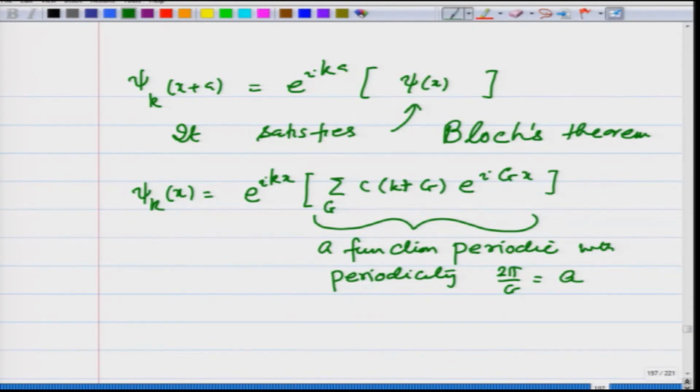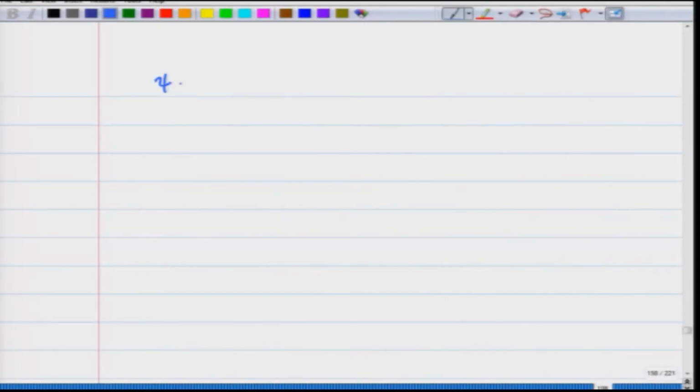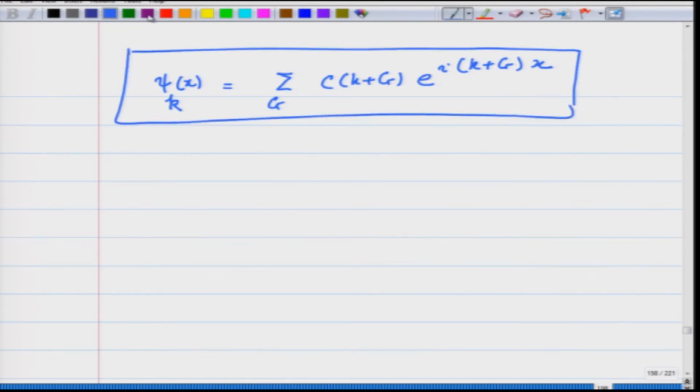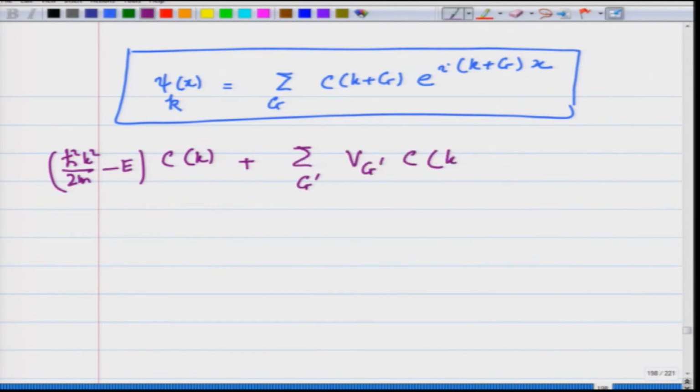So, what we have found is that when I turn this periodic potential on, the wave function can be labeled by a k, equals summation, g equals 0 included, c_(k plus g) e raised to i(k plus g)x, and c_k satisfies (h cross square k square over 2m minus E) c_k plus summation over g prime V_g prime c_(k minus g prime) equals 0.